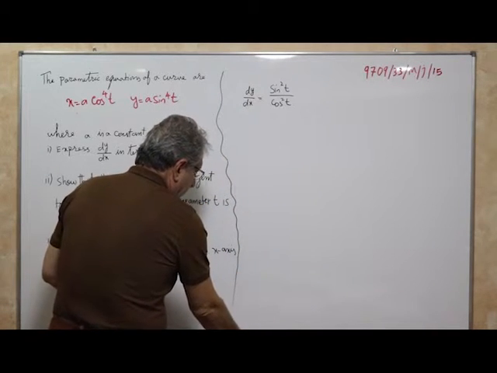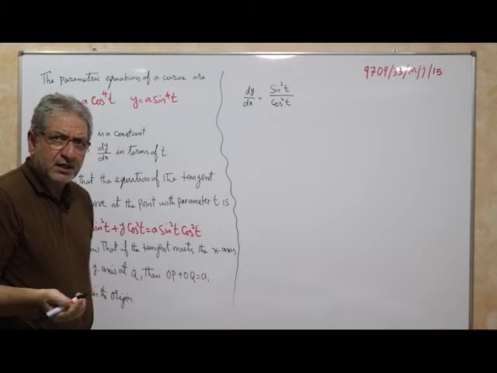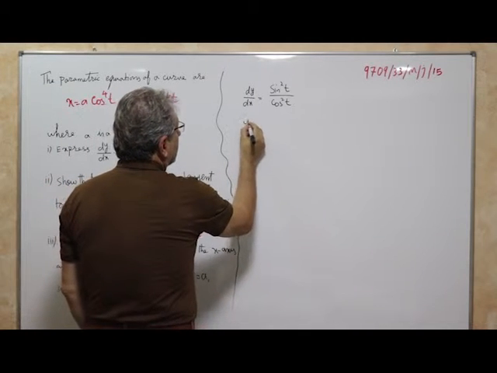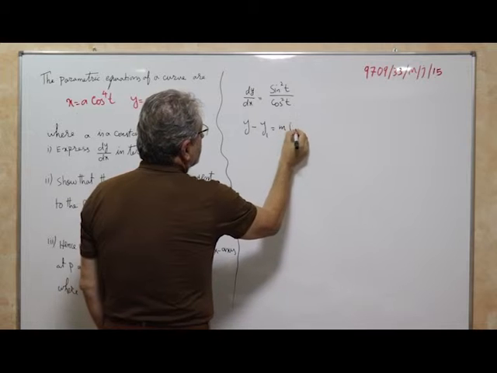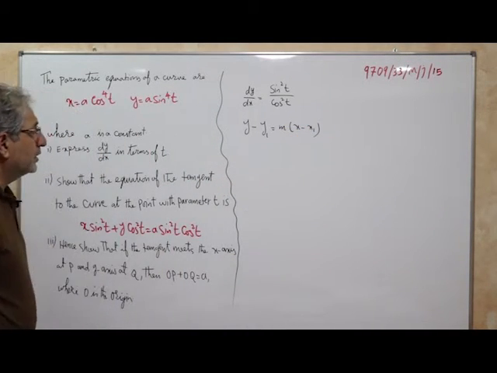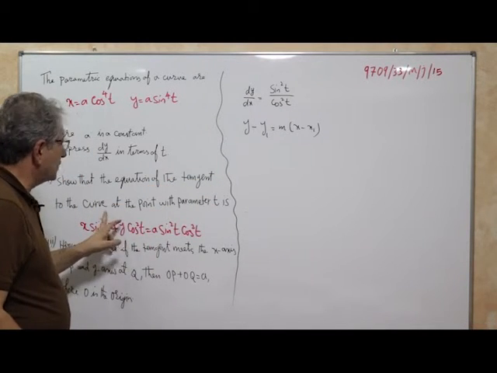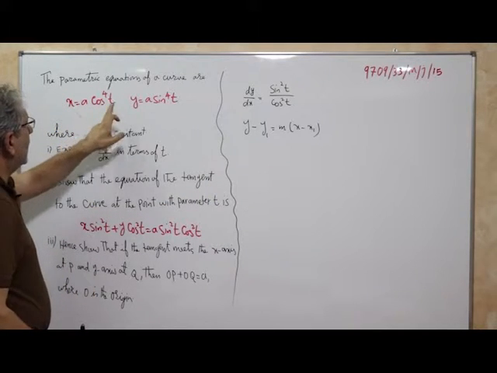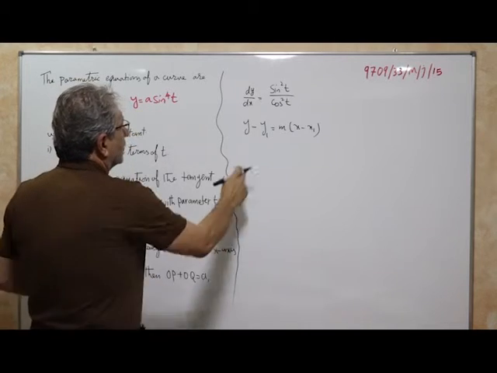Now the equation of any line is y minus y1 equals m times x minus x1. In this case, at any point with the parameter t, x will be this and y will be this. Therefore, x1 and y1 are these two values.